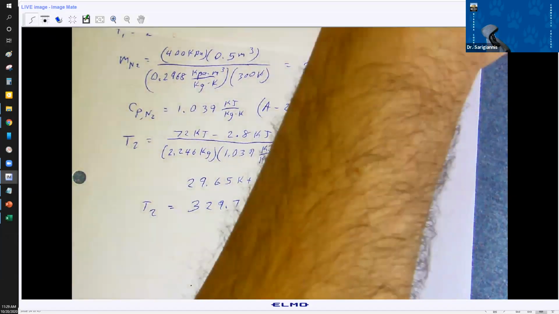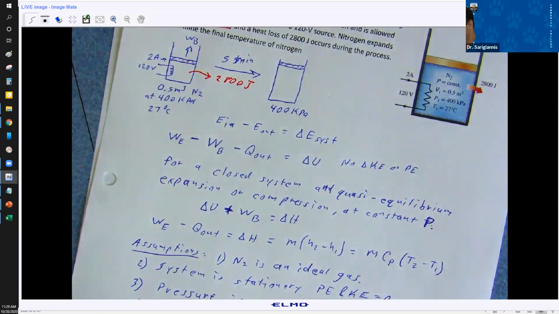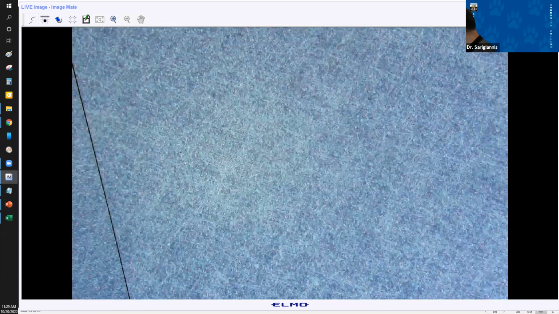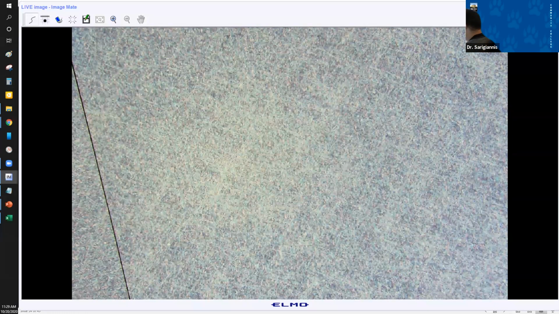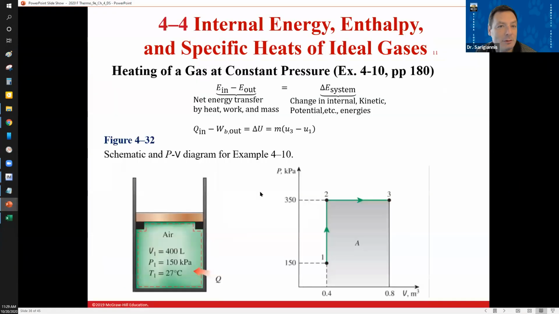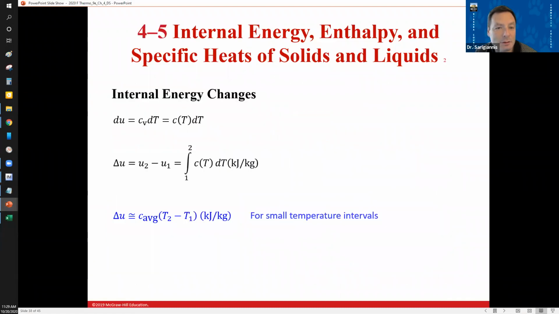All right, I'm going to assume that everyone watched the videos on internal energy, or section 4.5. I'll just pop back to the PowerPoint for a minute. Internal energy change, for small temperature intervals.